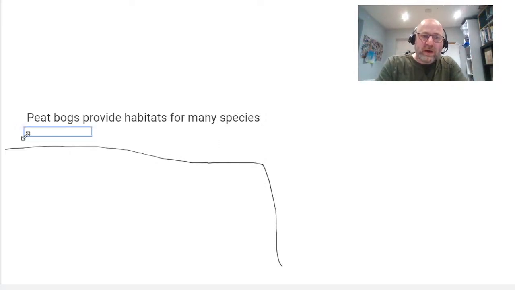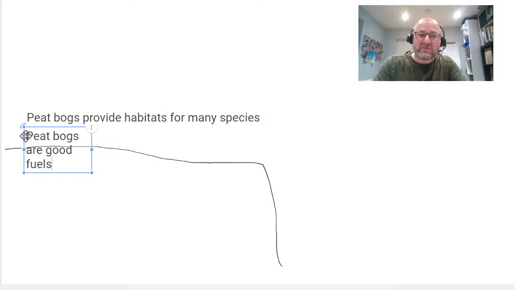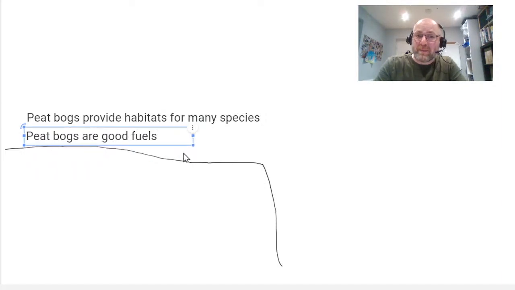But also, peat bogs are good fuels. And this is the reason that people are burning peat all over the world. It's a really good fuel. It's slow release of heat, really good, keeps you warm in the winter, even better fuel than wood. So peat bogs are good fuels.